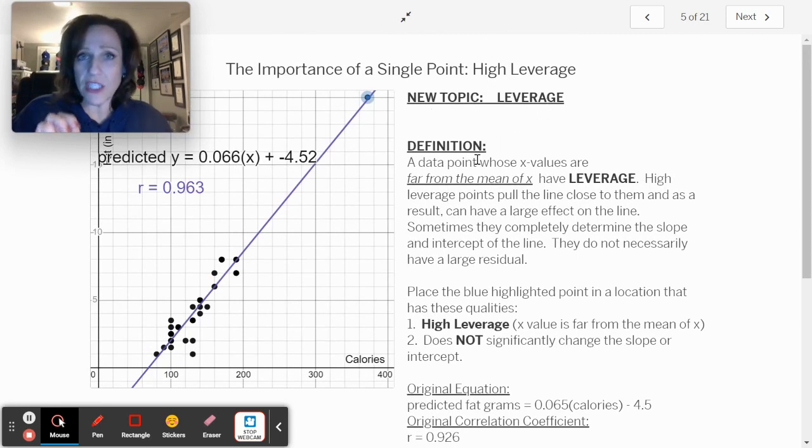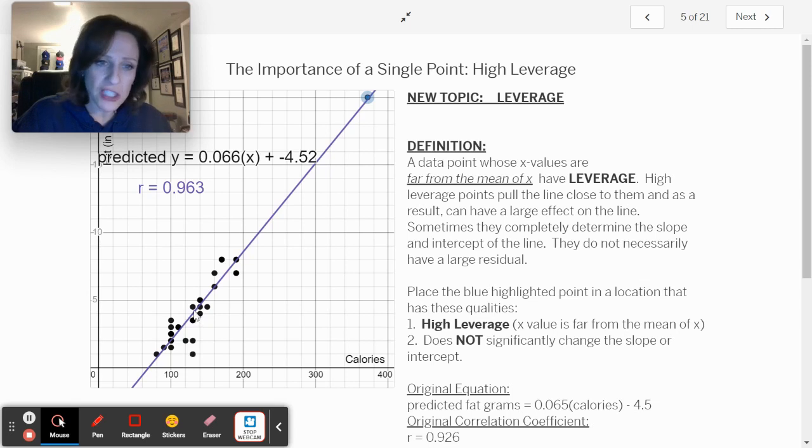Each time we start a new topic or a new word, I'd say the definition. So a data point whose x value, so here in the x direction, is far from the mean of the x's. So let's think about our domain here. If I was to guess where I think that the mean of the x's is, it's probably right here somewhere, generally in this vicinity, maybe 140-ish.